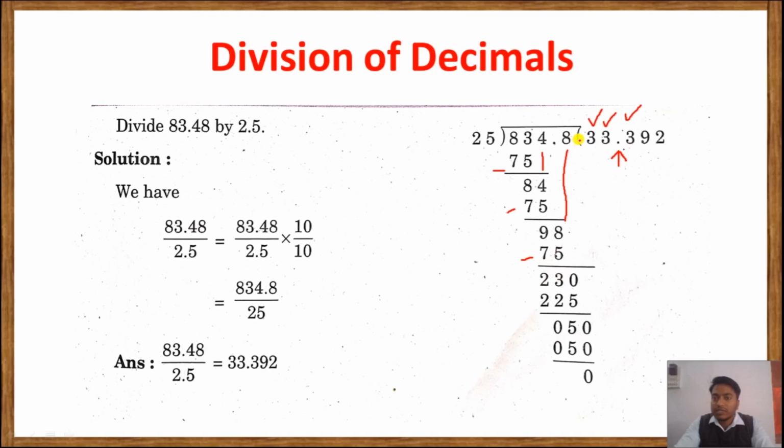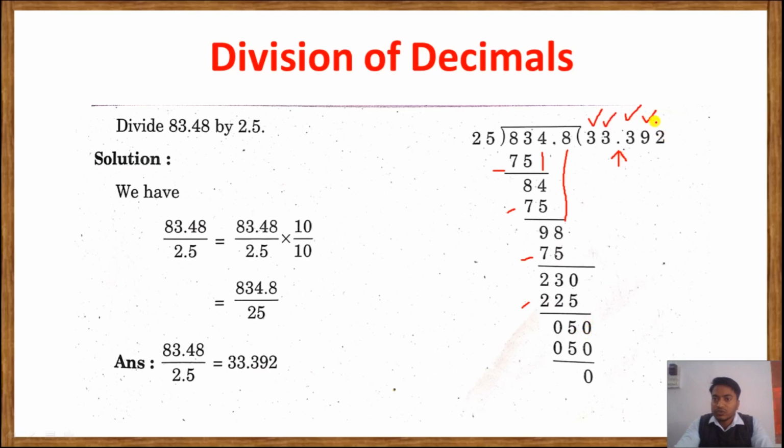Now you can see here we don't have any number, so using this decimal point, we have to take 0. After taking 0, it became 230. Now it will go 9 times. 25 into 9, 225. When we subtract, we'll get 5 here. Now the point is already there, so using that we can take 0.